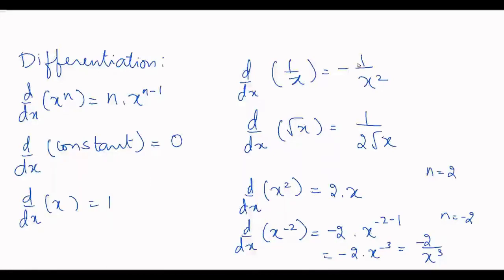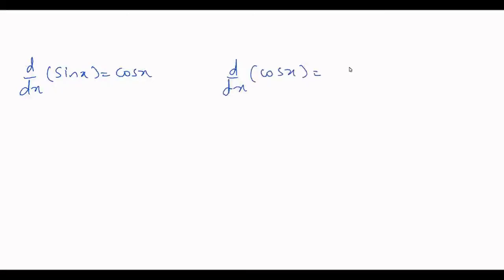Next, we will note the derivatives for trigonometric functions. d/dx of sin x is equal to cos x. Differential of cos x is equal to minus sin x. Differential of tan x is equal to secant squared x.